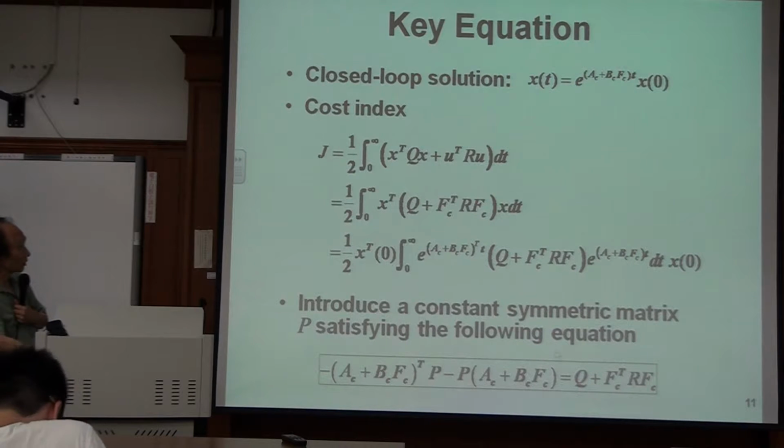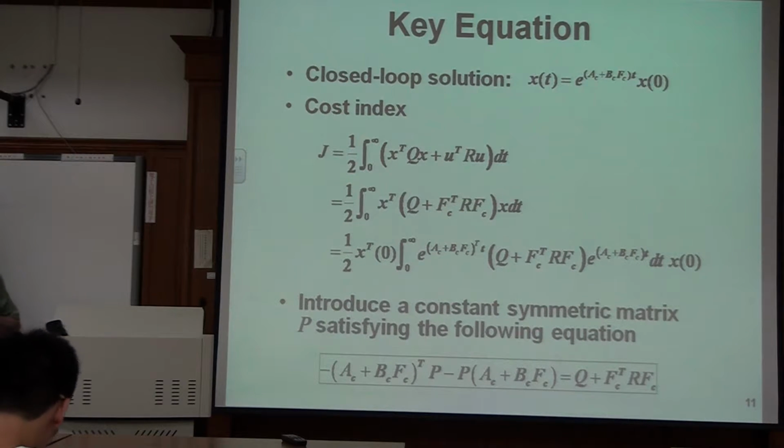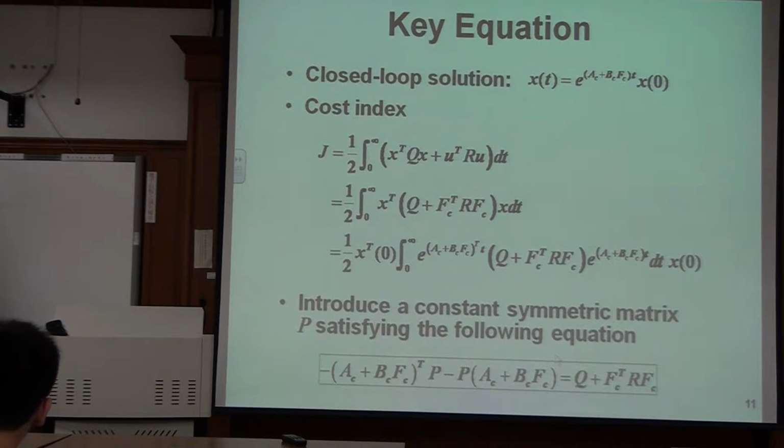In other words, I have a system where AC and BC are given. Assume we have a P that satisfies these equations, and this is our matrix.